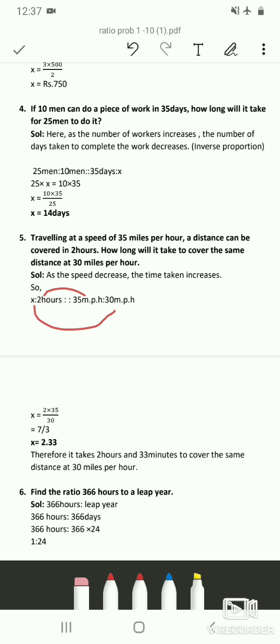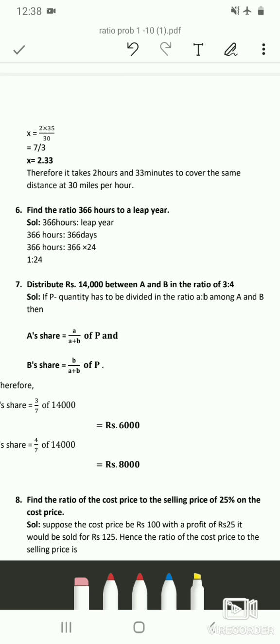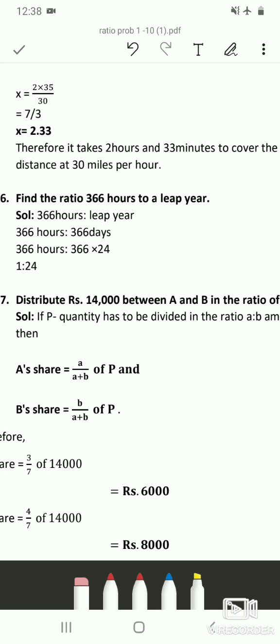So now let's see the sixth question, that is, find the ratio of 366 hours to a leap year. They have asked us to find the ratio. So we can write 366 hours is to leap year.